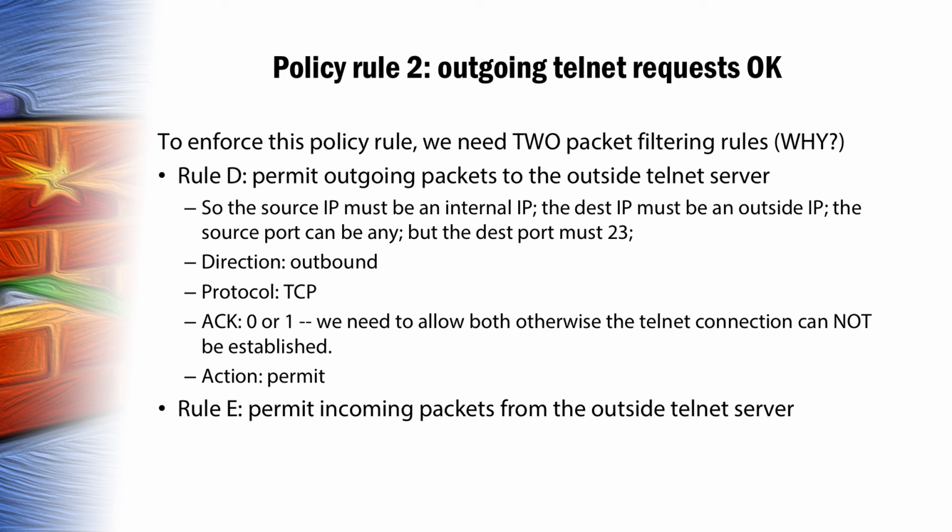The direction is outbound, the protocol is TCP, and the ACK is 0 or 1, because we need to allow both. Otherwise, the telnet connection cannot be established. And last, you will see to permit this request. We also have an additional rule to allow the incoming packets into the network from the outside telnet server, which is indicated by Rule E.